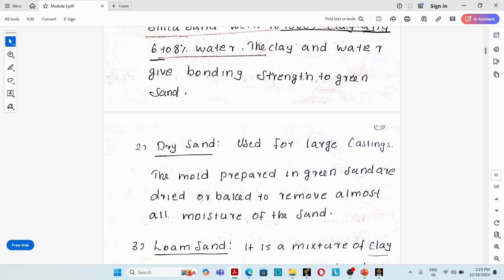Dry sands are commonly used for large castings. Dry sand is basically green sand that is baked so that all moisture is removed.